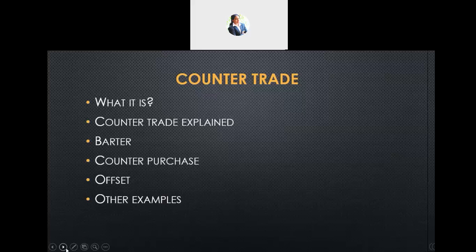Now, a buyback is also a type of counter trade. Under buyback counter trade, it occurs when a firm builds a manufacturing facility in a country, or for that matter, it can also supply technology, equipment, training of the HR, or other services to the country, and it agrees to take a certain percentage of the plant's output as partial payment for the contract.